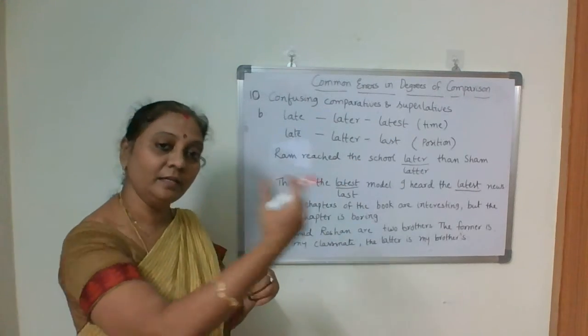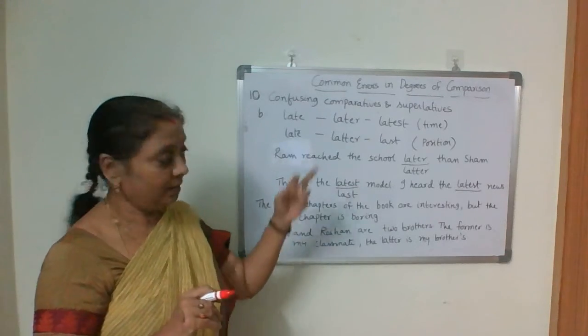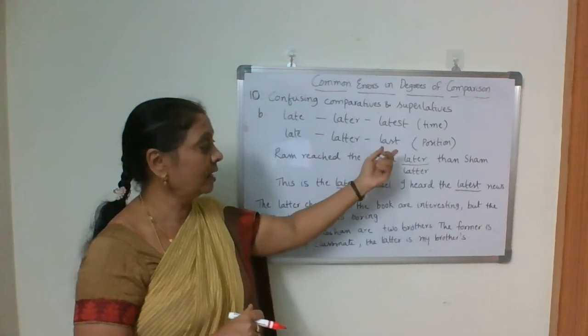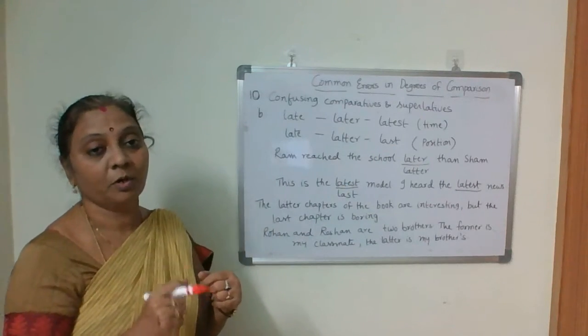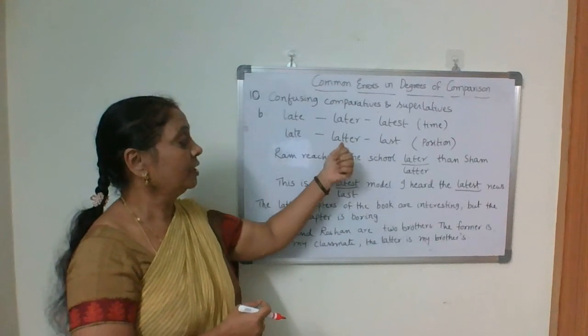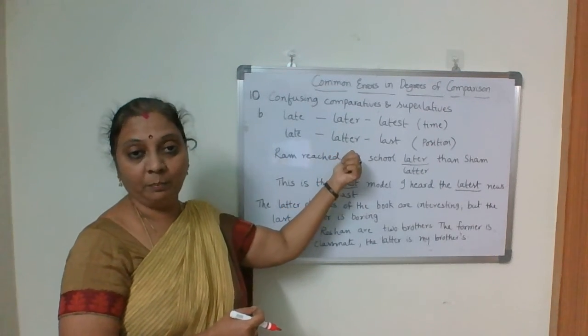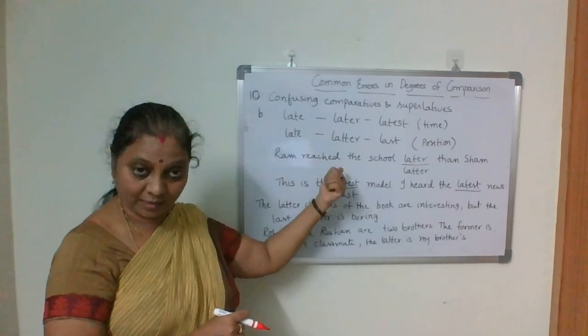Okay, late, later, latest. Whereas another one is late, latter, and last. This talks about the position. Last, it talks about the position. First and last, isn't it? Mostly we use these words. And this in-between comparative form is latter. Okay, this is later, this is latter.